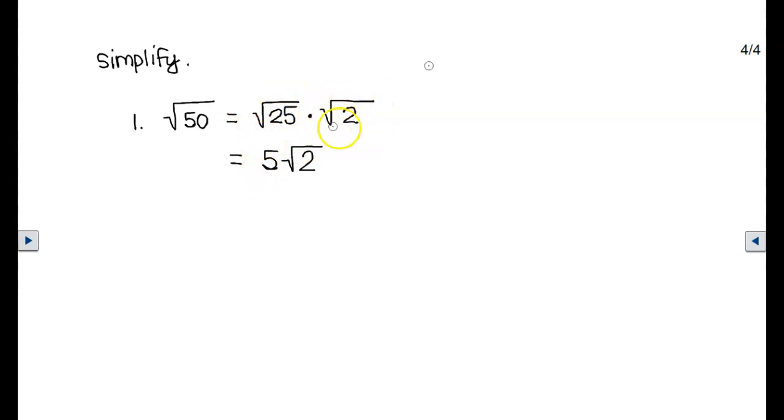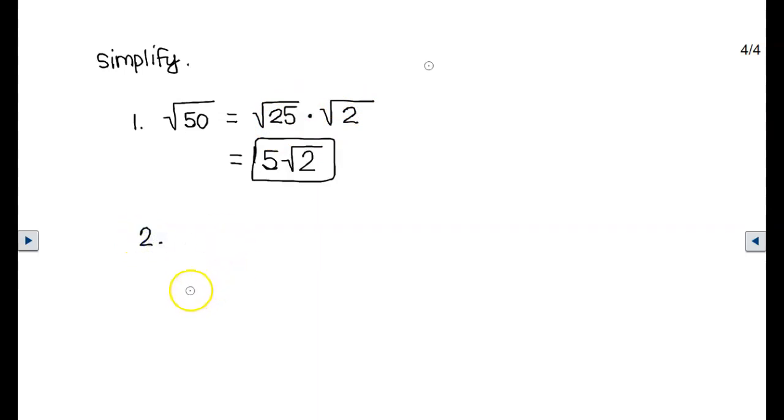I can't do the square root of 2, so I leave it as is. And 5 times the square root of 2 would be my answer. So all of these are going to have to break down into two numbers. One number has to be from the list, and it needs to be the biggest number, and then the other number is not in the list. So that's how this will go every single time.